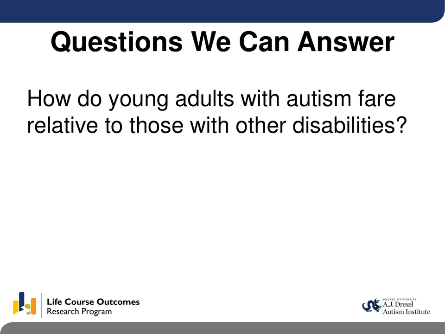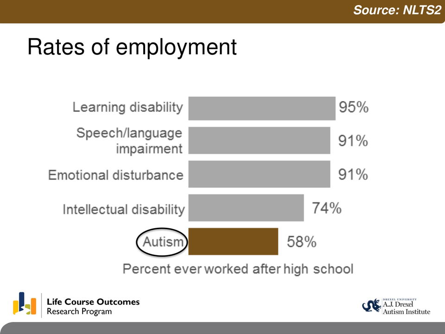With many of the data sources we have, we can also compare how young people on the spectrum are doing after high school compared to young people with different kinds of disabilities. For instance, we were able to look at the rate of employment in the first few years after high school for people with autism versus young people with other disability types.